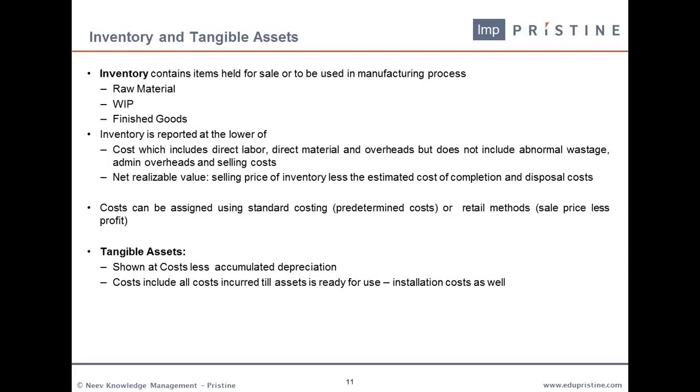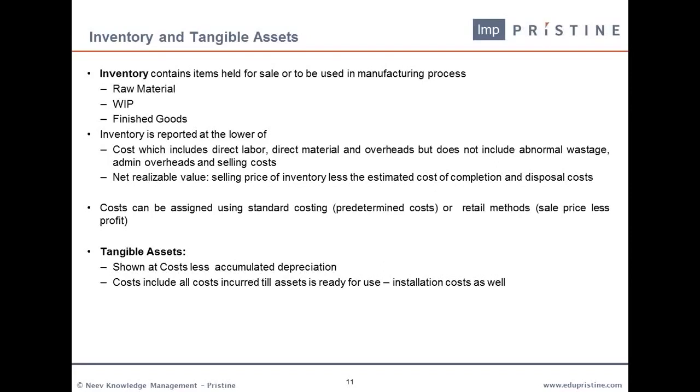The costs assigned can be assigned in two ways. One is the standard costing, where you have estimated predetermined costs of standard items which you compare and then take care of variances. And the retail method, which is calculated using the price in the market, sale price minus the profit that you are getting.